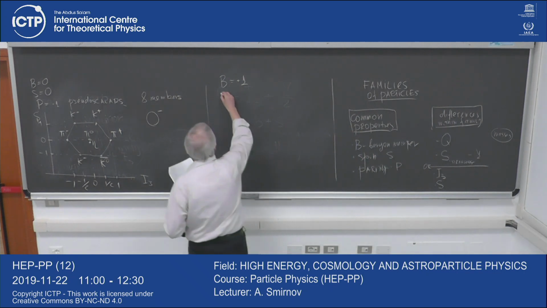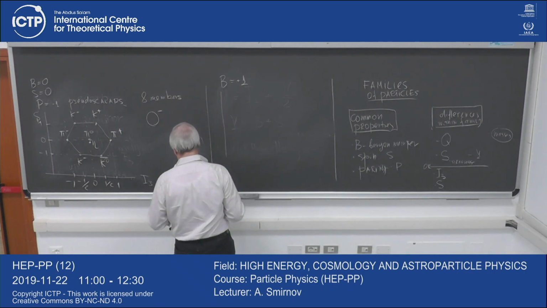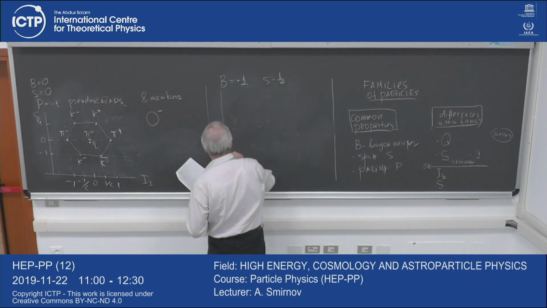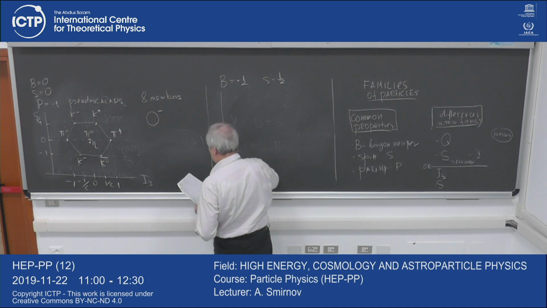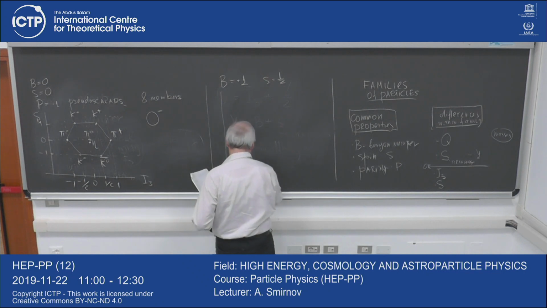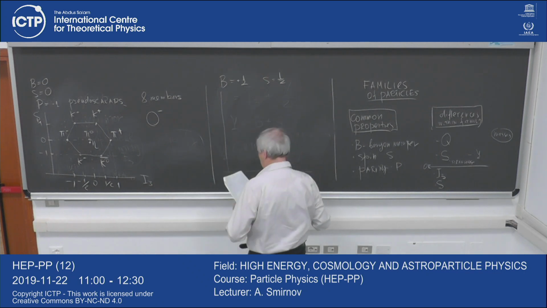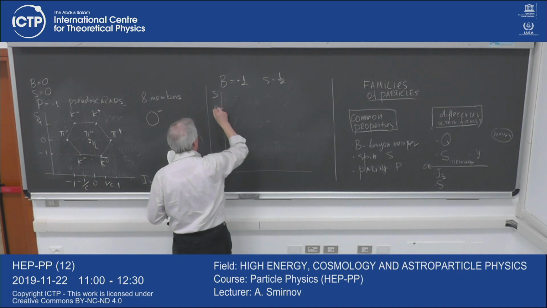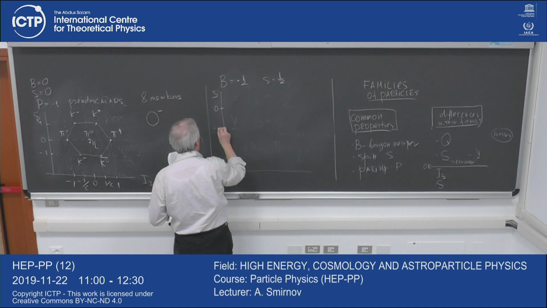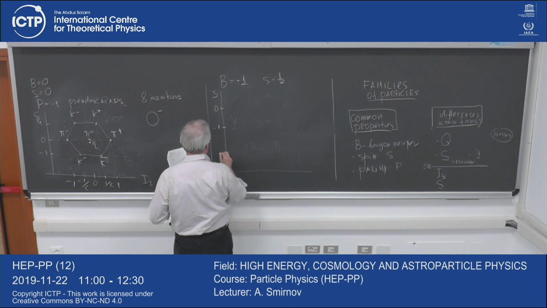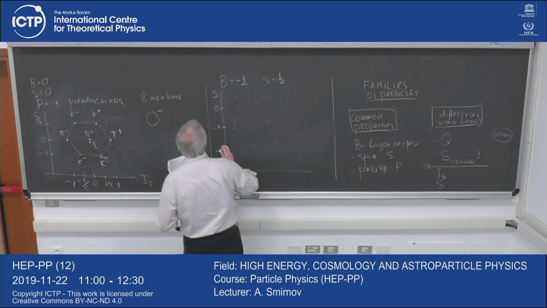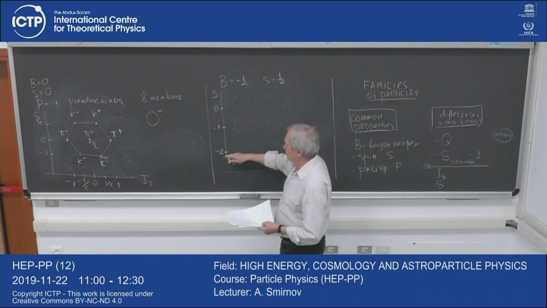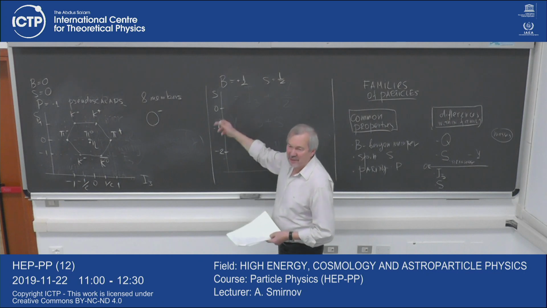And with spin 1/2, and for fermions we are not introducing the parity. So the strangeness 0, -1, and -2. And of course there is a symmetry when you go to the family of antiparticles. You will have here +2, +1, and 0. Okay?